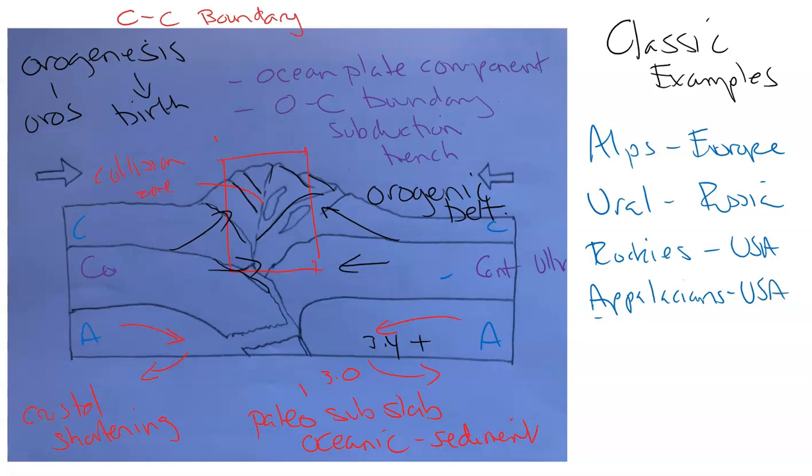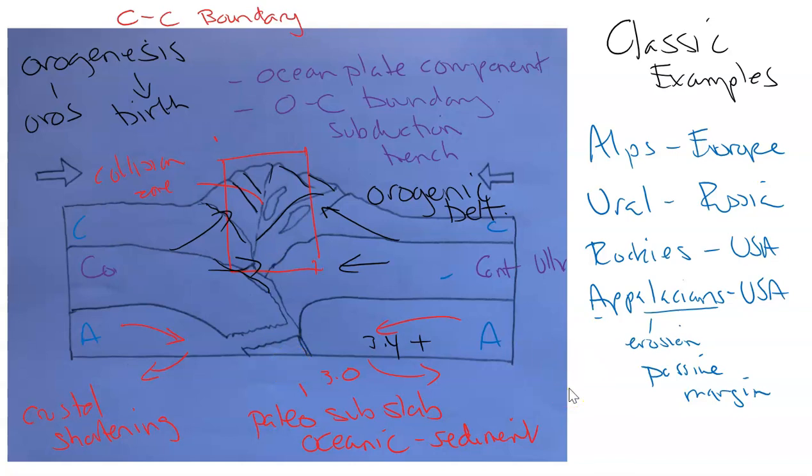Obviously, these are a lot smaller due to erosion and being next to a passive margin. Not sure what a passive margin is? You can check the top right for a link to the video on it.